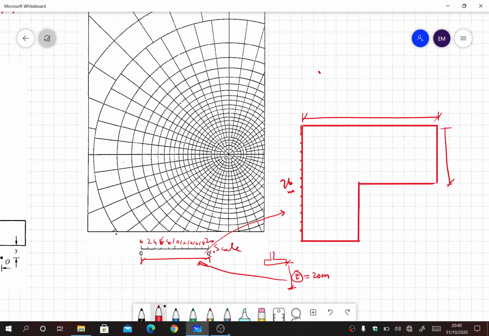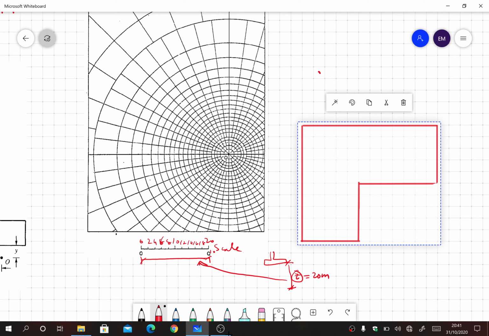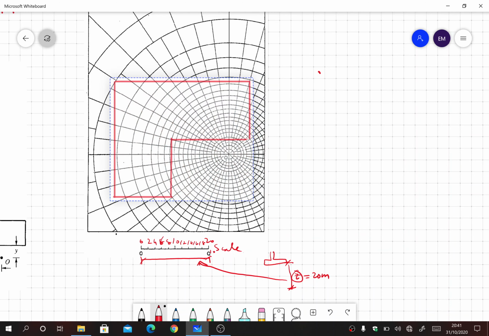Once we are done with this plotting, what will I do? I will take this figure up. Let's see, just a minute. I select the whole figure and I will place it on top of the diagram here.